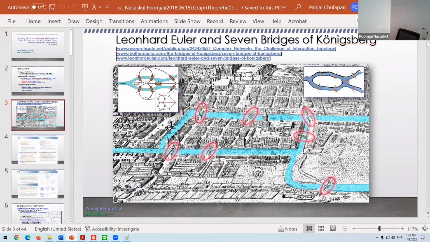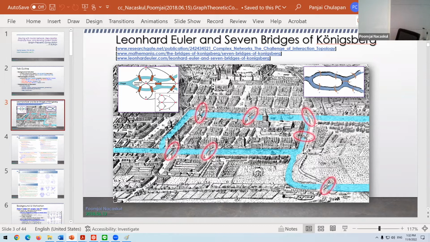Instead of focusing on different parts of the city of Königsberg, you just think of this as a node, and this is an arc, or an edge, same thing. You draw it like this. So 2 bridges mean 2 arcs. This is the middle island, so that's this vertex here.